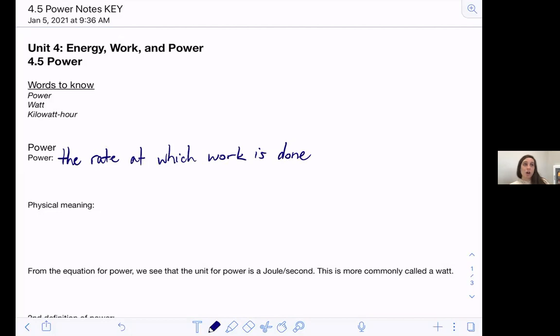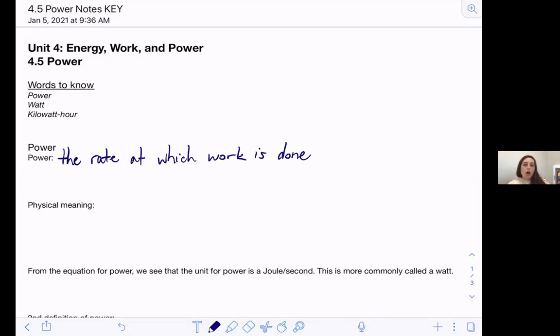Because we know that you can complete the same task, but completing it quickly can be very different than completing it very slowly. So that's what power is here to measure. It's here to make that change in energy a time independent quantity.